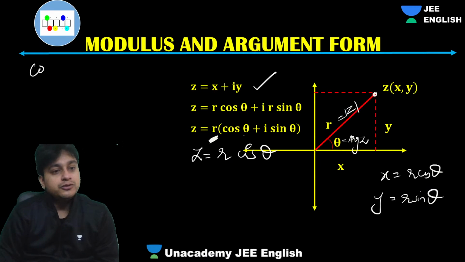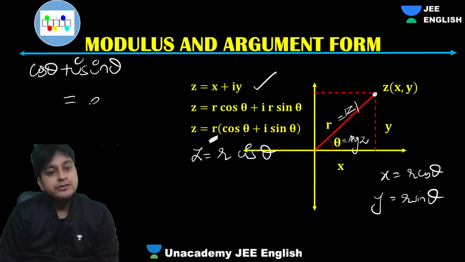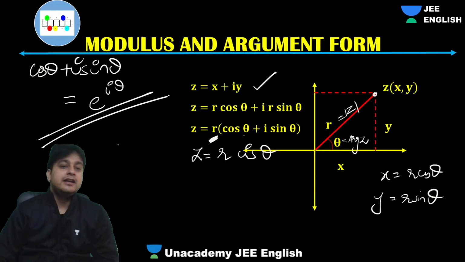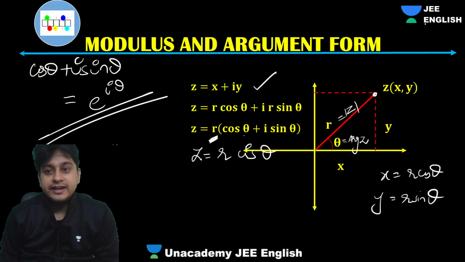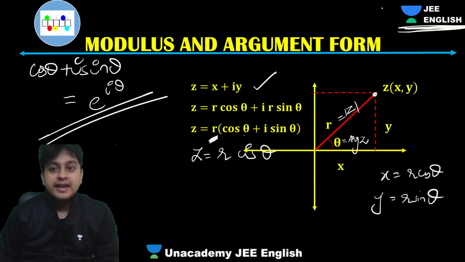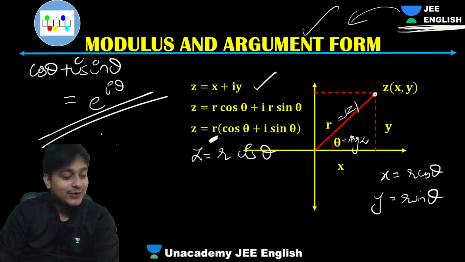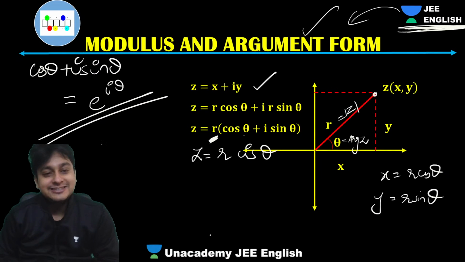Also guys, you should know that cos theta plus i sin theta can be written as e to the power i theta, and I have told you guys this is nothing but the proof. If you want, I have proved it in my JEE English channel, in the complex number lecture. You can get the proof; everything has been done in detail. If you have interest to know how this comes, I have proved that in my lectures, using the Taylor series.